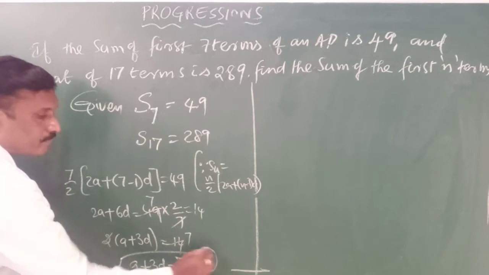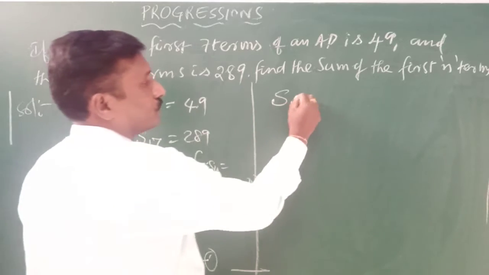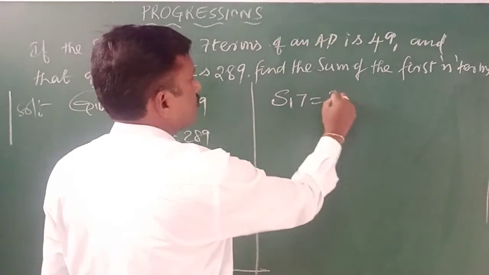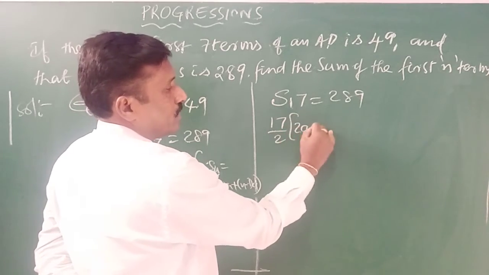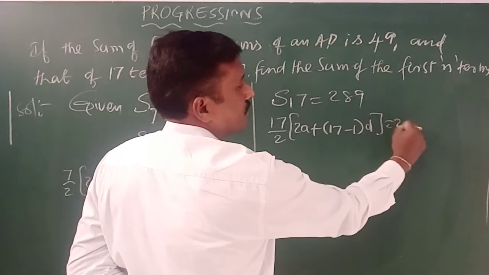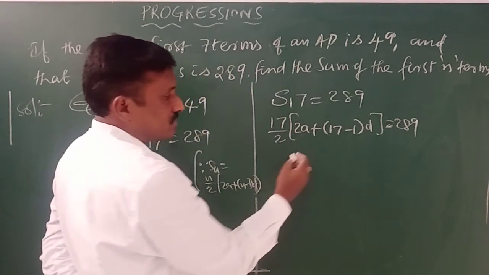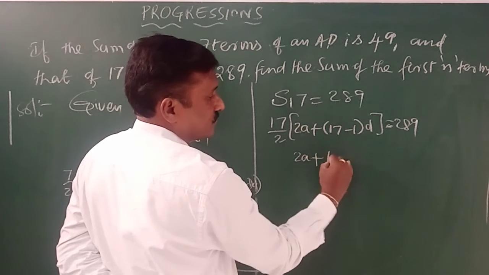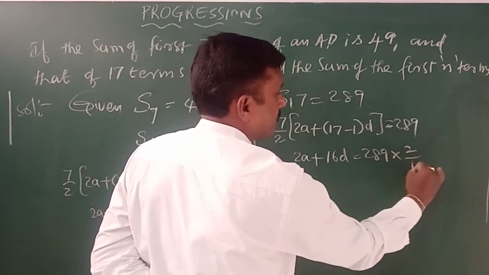Let it be 1. Also given the sum of the 17 terms is equal to 289. So therefore 17 by 2, 2a plus (17 minus 1) into d is equal to 289. Transposing, 2a plus 16d is equal to 289 into 2 by 17.